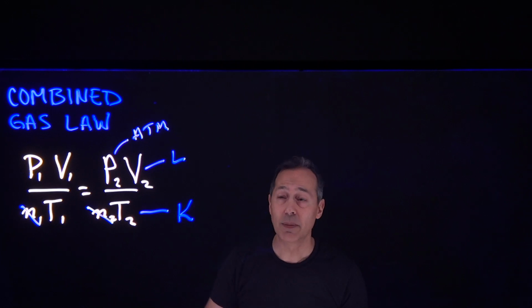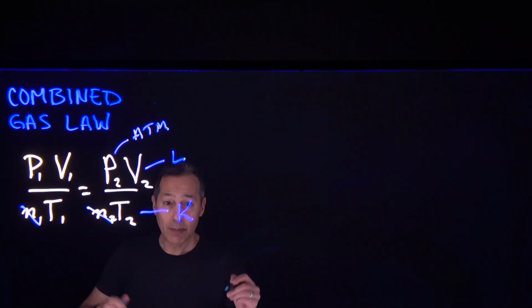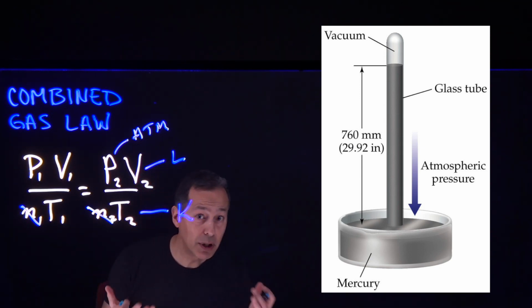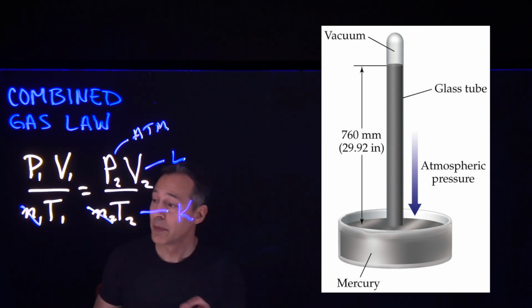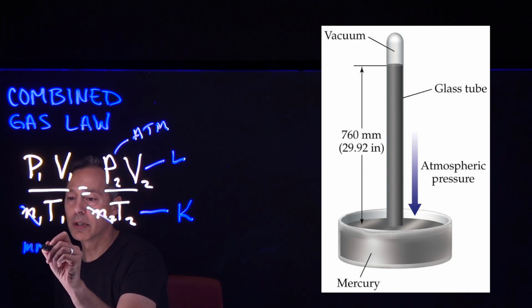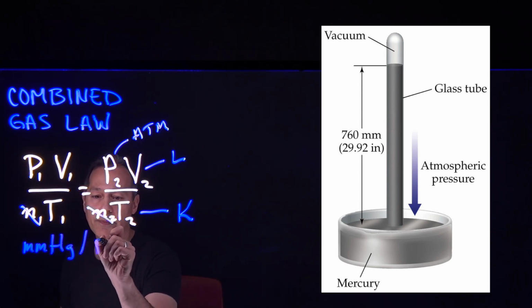And some other common conversions here. Pressure is often measured in millimeters of mercury or in torr.